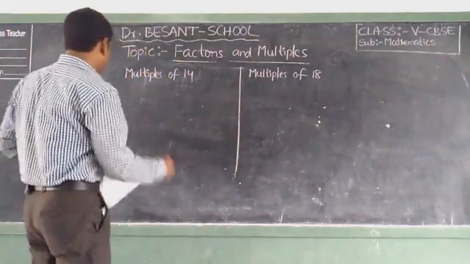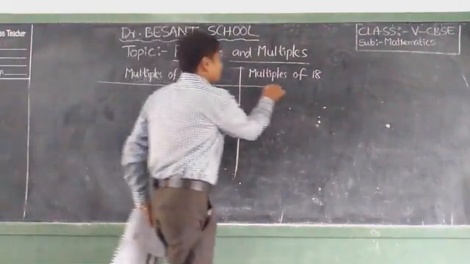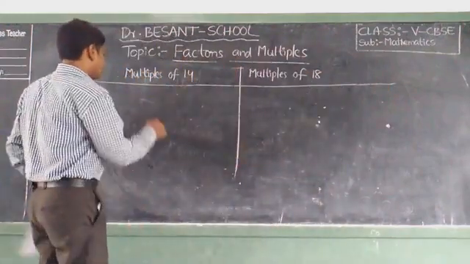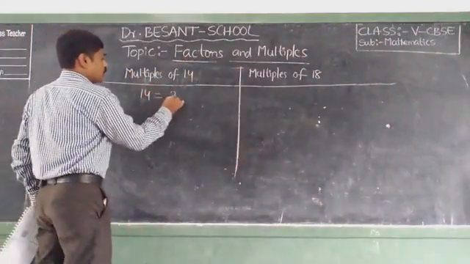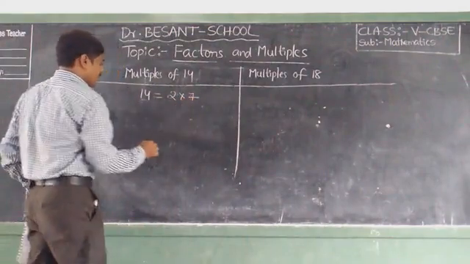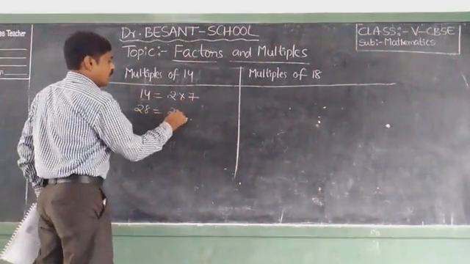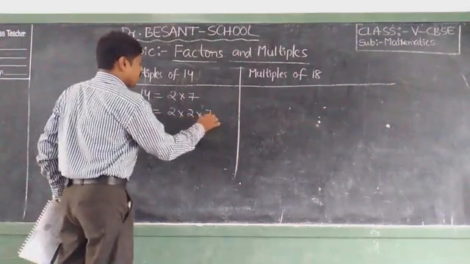So 14 is equal to 2 into 7. 28 is equal to 2 into 2 into 7.